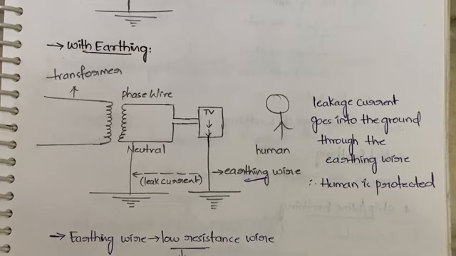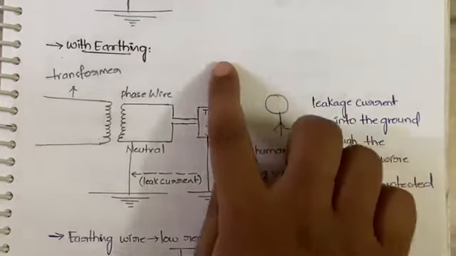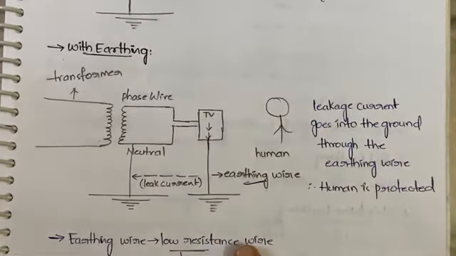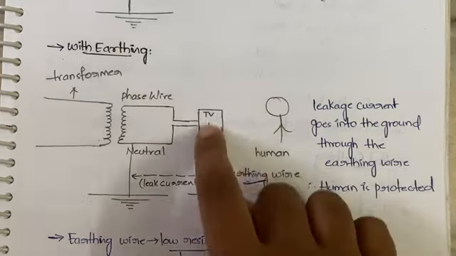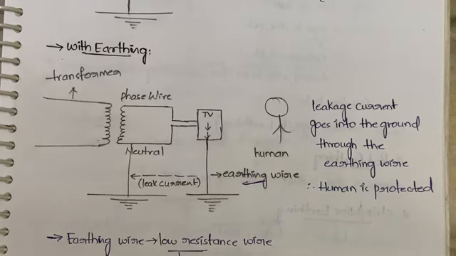But when there is no earthing, it is sent via the human being. So here there is no human being, right? Even if a human being comes and touches this device, he will not get any shock, because the leakage current is sent through the earthing wire. So this is what happens when there is earthing.